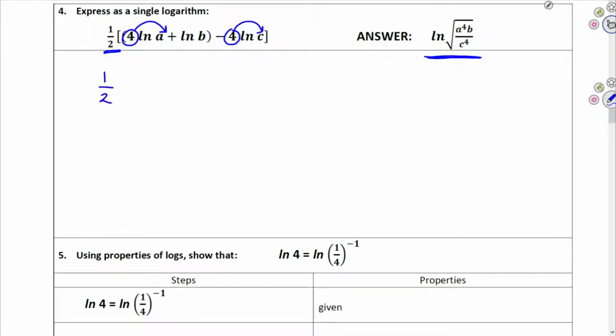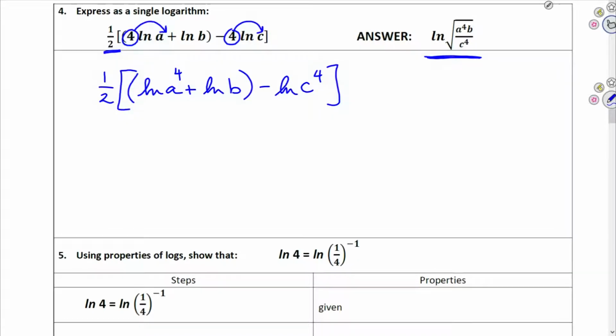So the 1/2 will just hang out for a while. And writing the 4 as an exponent, I have the natural log of a to the fourth, plus the natural log of b, which is in parentheses, although I don't need those parentheses, minus the natural log of c to the fourth. I just took those coefficients and made them exponents because I want that as I condense.